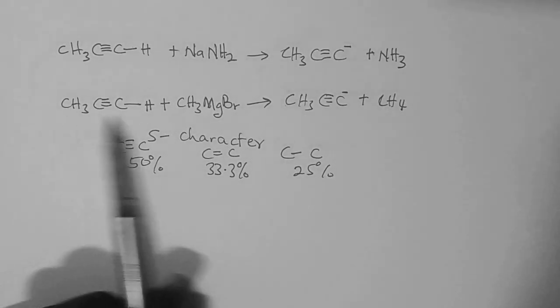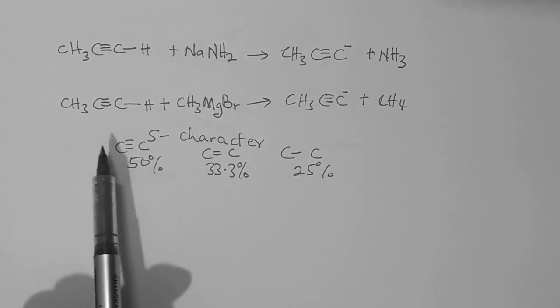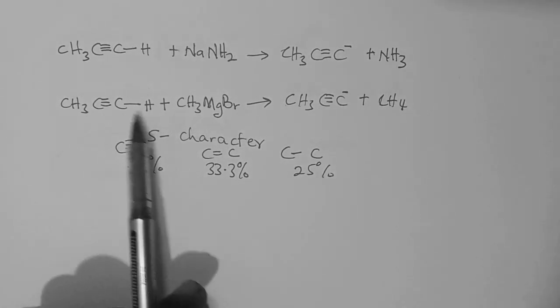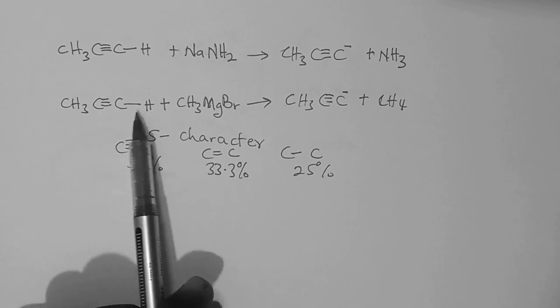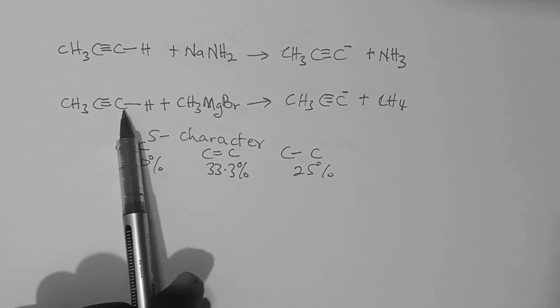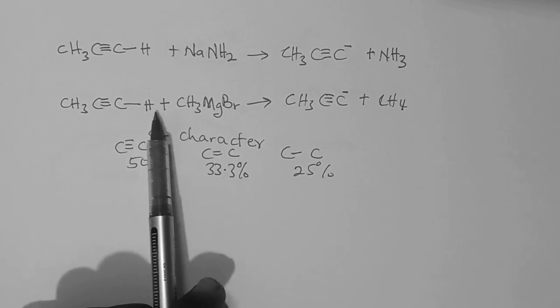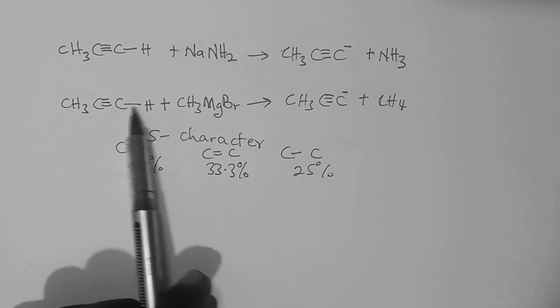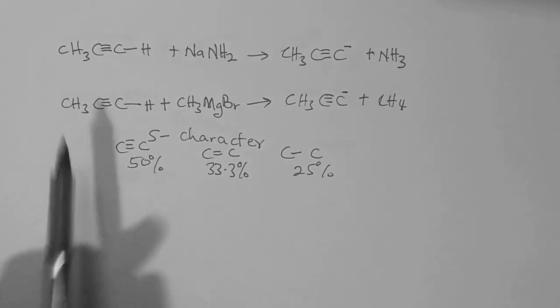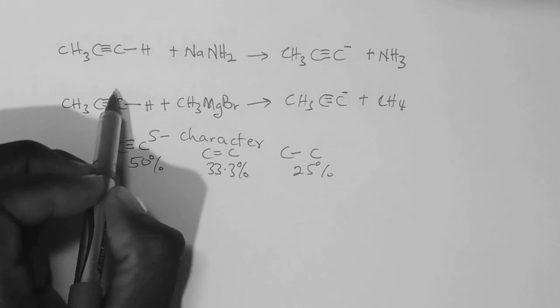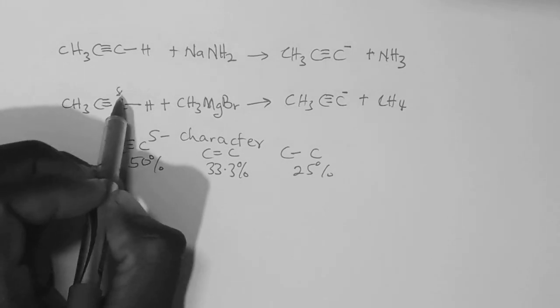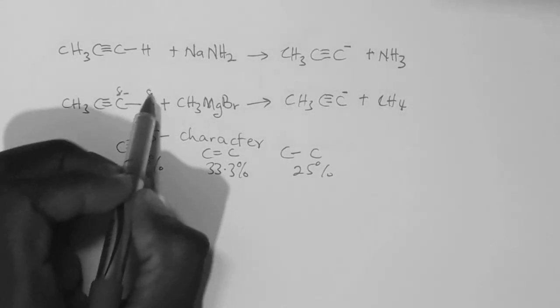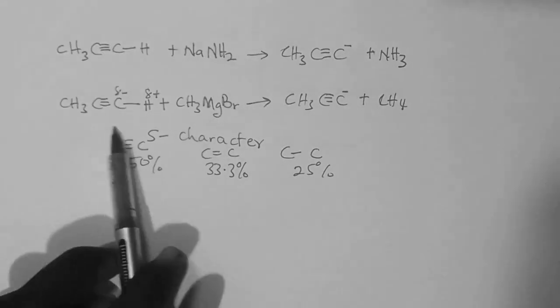For alkynes, the s orbital is very close to the nucleus, and therefore the electrons are pulled closer to the nucleus than the proton. This makes the carbon-hydrogen bond a little polar, with a partial negative charge and a partial positive charge on the proton.